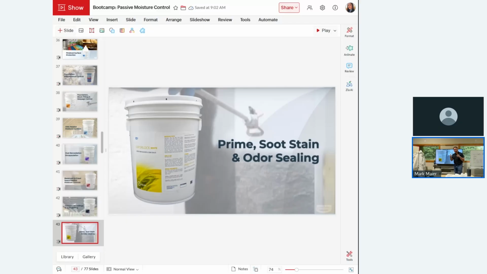And what we talk about in there is the size of things like odor particles that tend to be something like 0.005 to 1 micron in size. Okay, so keep that in your head, like 0.005 to 1 micron in size. Now, what you should be doing is marrying up the particle size of the coating or sealant with the particle size of the problem.